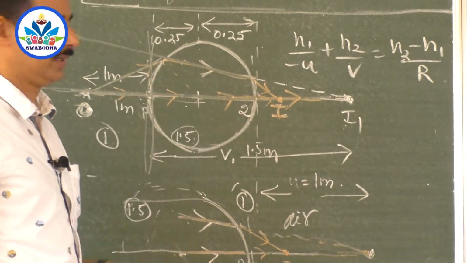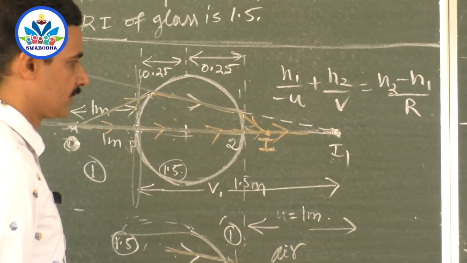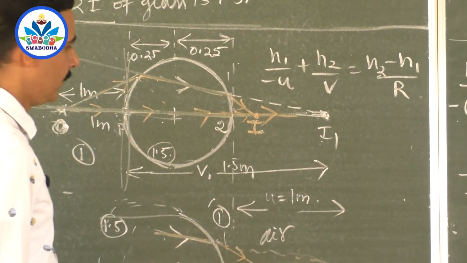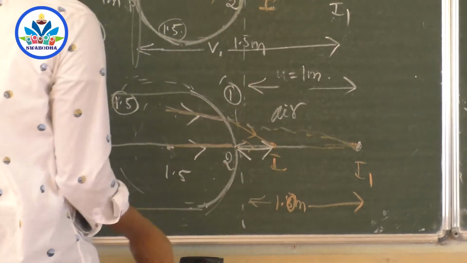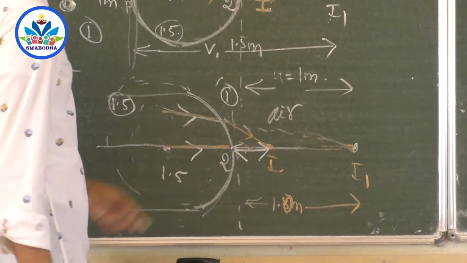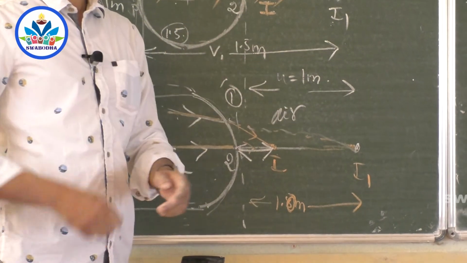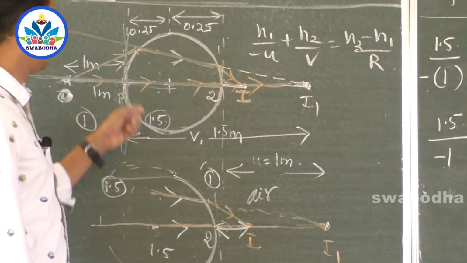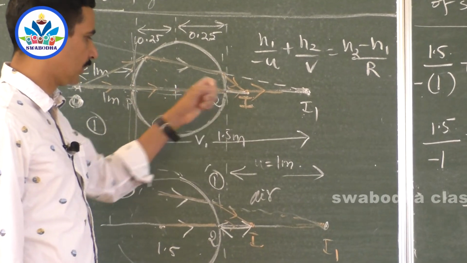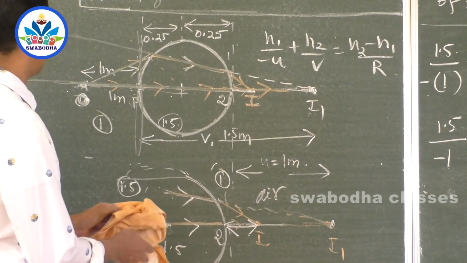Okay, where is the final image? The final image is formed at a distance of 0.2857 centimeters, that is this distance, am I right? Or this one here, from the second surface. Suppose you are asked to find out final image distance from the first surface, then you will have to add 0.5. So final answer you should write like this.